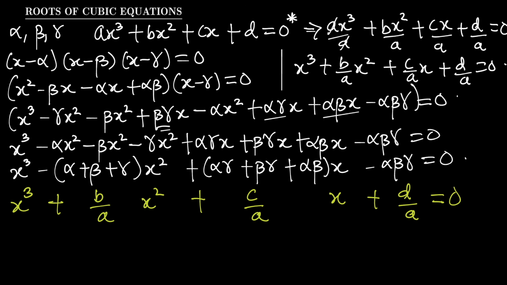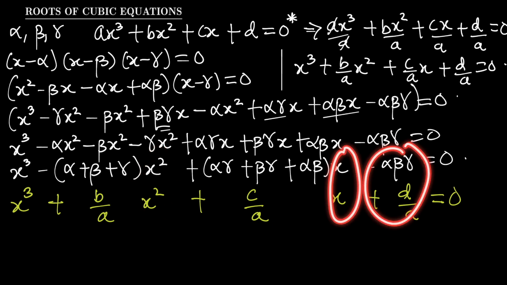So from here we can compare the degrees. We have x squared, we have x, and we have the constant. So let's do that.